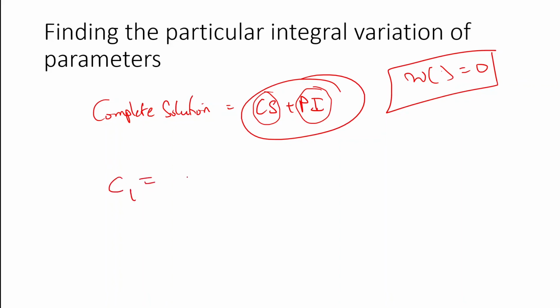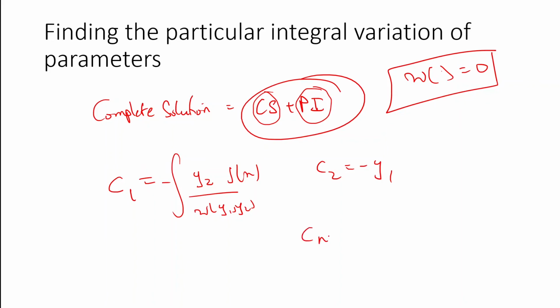C1 is not equal to this y1. No, it's not y1. If it was a second order derivative, it is y2. So y2 divided by Wronskian y1, y2 times f of x, means basically the next solution. C1 is equal to minus y2, C2 is equal to minus y1.